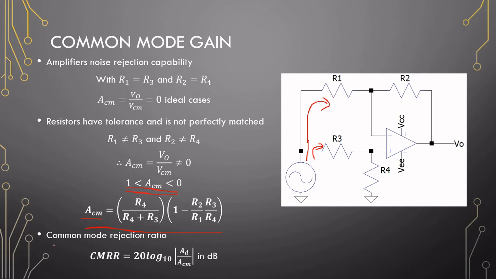Okay, this brings us to common mode rejection ratio. This is when we take the differential mode gain and the common mode gain, divide them, and put it in the decibel scale. This is just a nice way to tell us how much noise reduction we have. So the common mode rejection ratio in our amplifier.